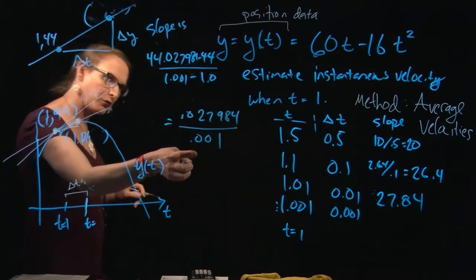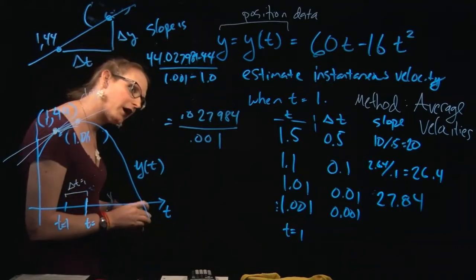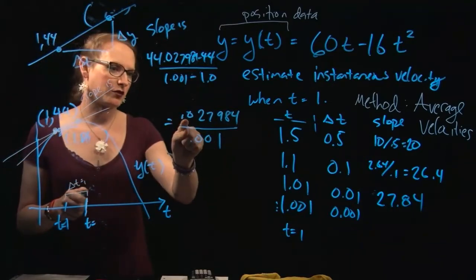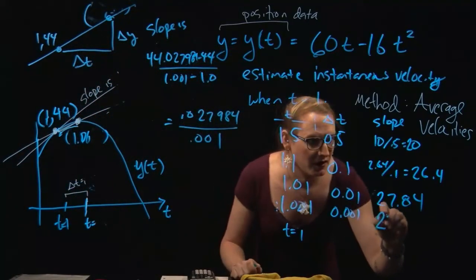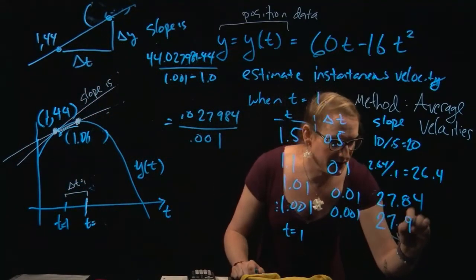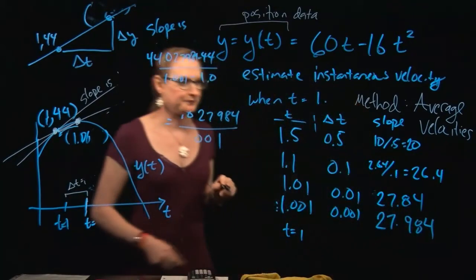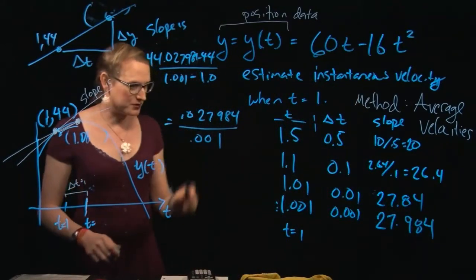That's our estimate of the slope. This is just like multiplying by 1,000. Move that decimal place over 3 places. Boop, boop, boop. 27.984. And it's getting pretty close to 28.